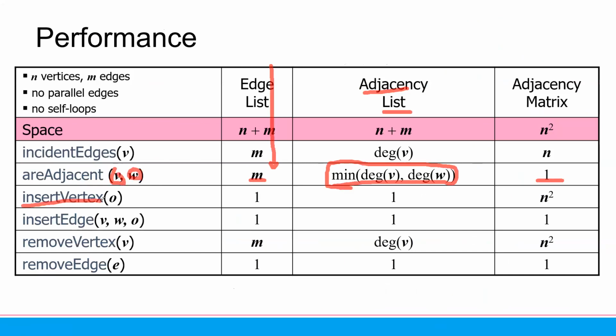Insert vertex. So if I want to insert a vertex, then it's simple, it's one. But what about the adjacency matrix? If I want to insert a vertex, then I need to make a big pause.